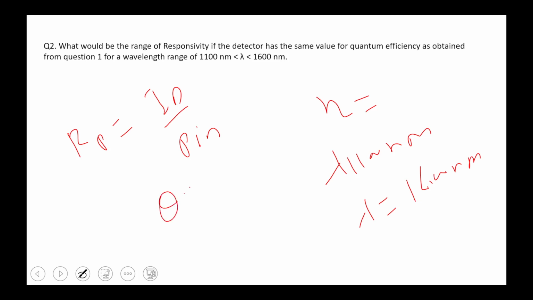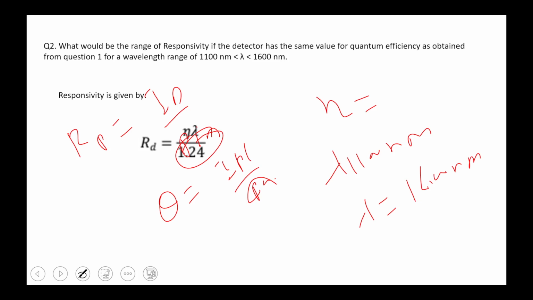Quantum efficiency and P_in have a relation, so from that you can find it. The responsivity of the detector is eta lambda upon 1.24. The quantum efficiency you calculated, lambda is given, and 1.24 is the band gap constant. So you can calculate this for 1100 nanometer and 1600 nanometer.